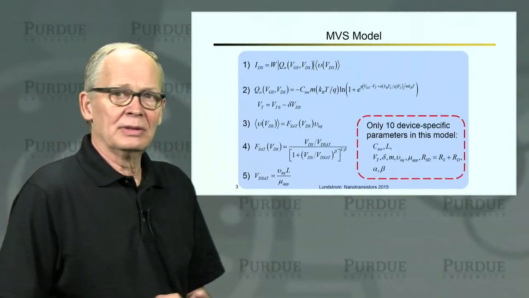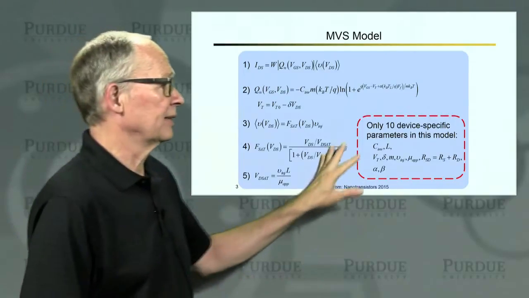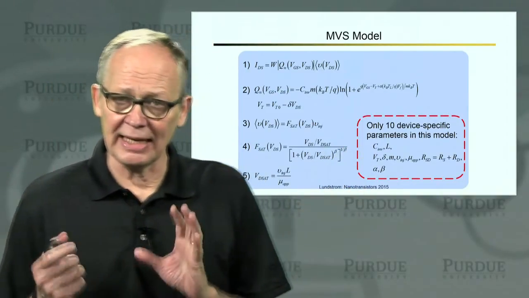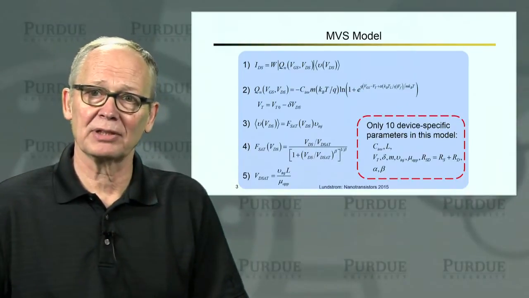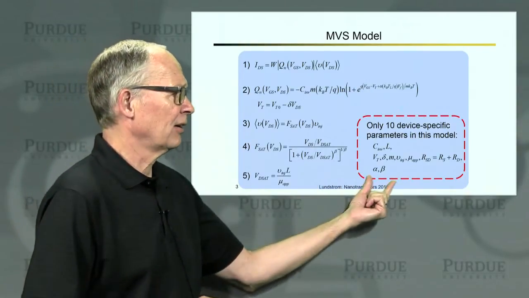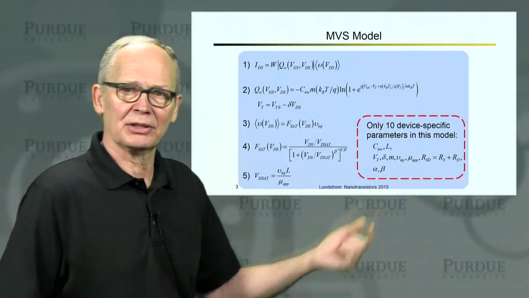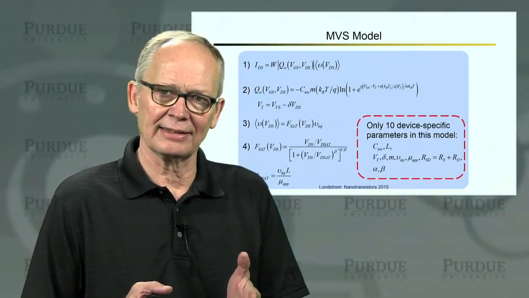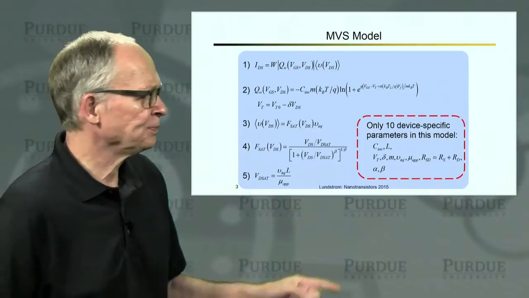All right, so the nice thing about this model is that there are only 10 really device-specific parameters here, and most of them have clear physical significance. There are a couple of empirical parameters, which once you're working in a particular technology, get adjusted to that technology and don't change much.